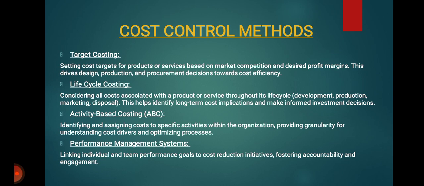So, for example, a car manufacturer sets a target of 15,000 dollars as cost for a new car. Its design, production, and procurement decisions are made with this target in mind.